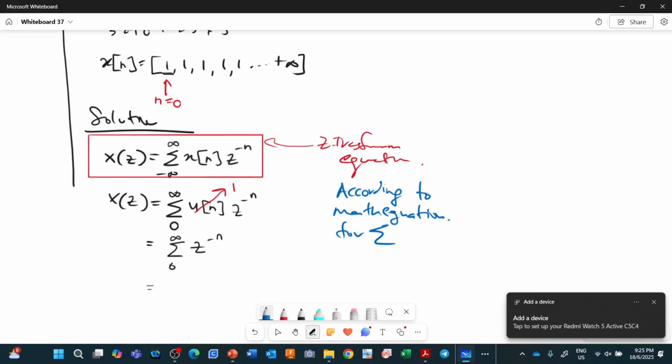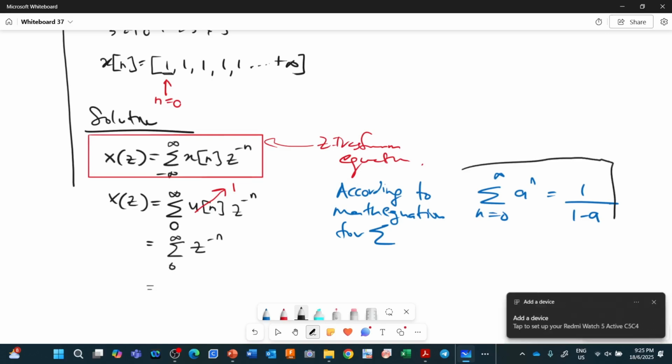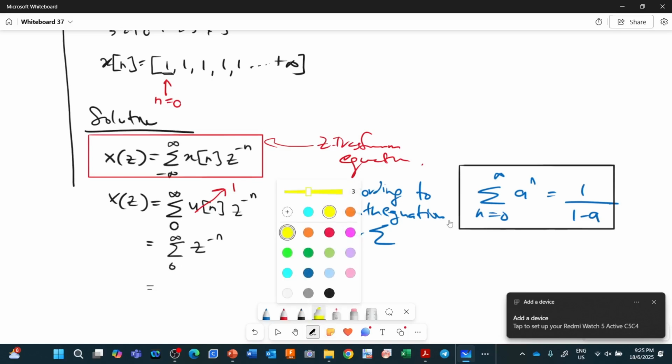You are given that the summation from n equal to 0 to infinity of a to the power of n is equal to 1 over 1 minus a. This is like an Euler identity. It's fixed.